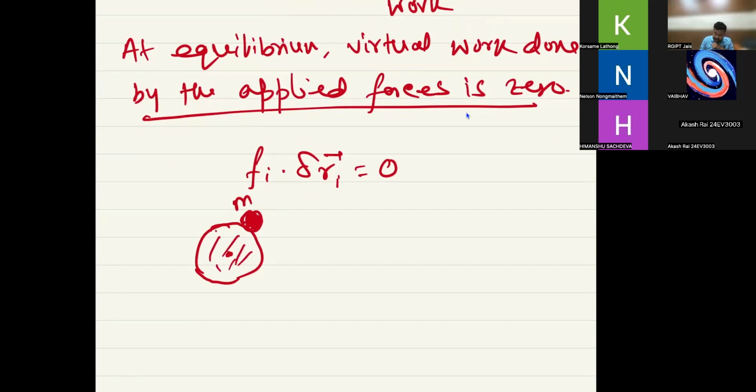This is a three-dimensional sphere and mass m is restricted to move only on the surface of the sphere. Then what are the forces of constraint and what is the direction of that force? Towards the center of the sphere. Let's say this is the center of the sphere.